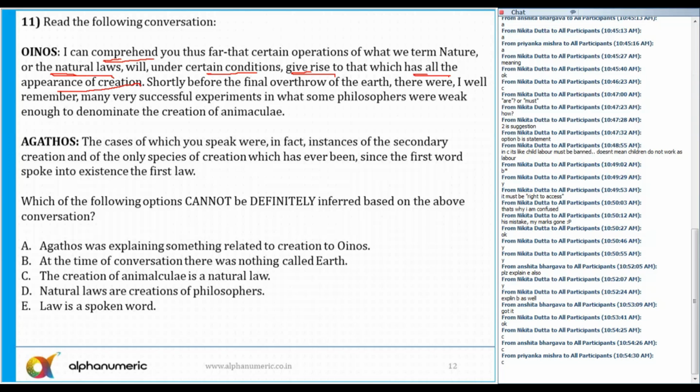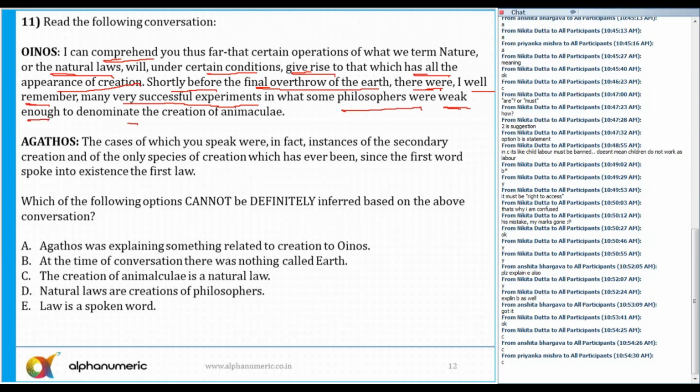Then he tells you, shortly before the final overthrow of the earth, there were, I well remember, many very successful experiments in what some philosophers were weak enough to denominate the creation of animalcula.